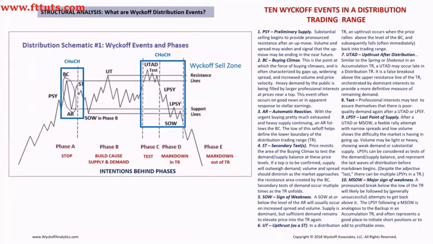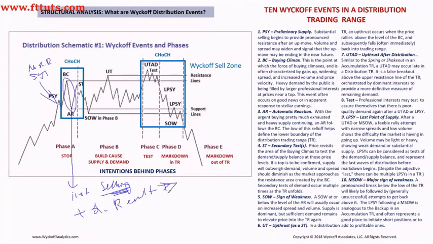Then comes a change of character. That change of character is going to be somewhat sudden, because here institutions are selling as well. And now, instead of selling with no downward result, on the change of character they will be selling and there will be an increase in the downward result for the first time.